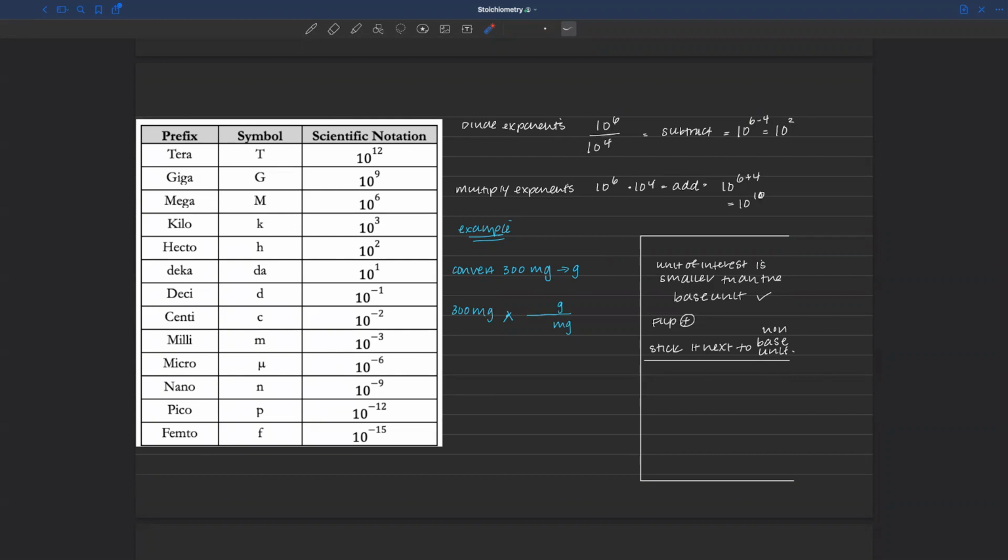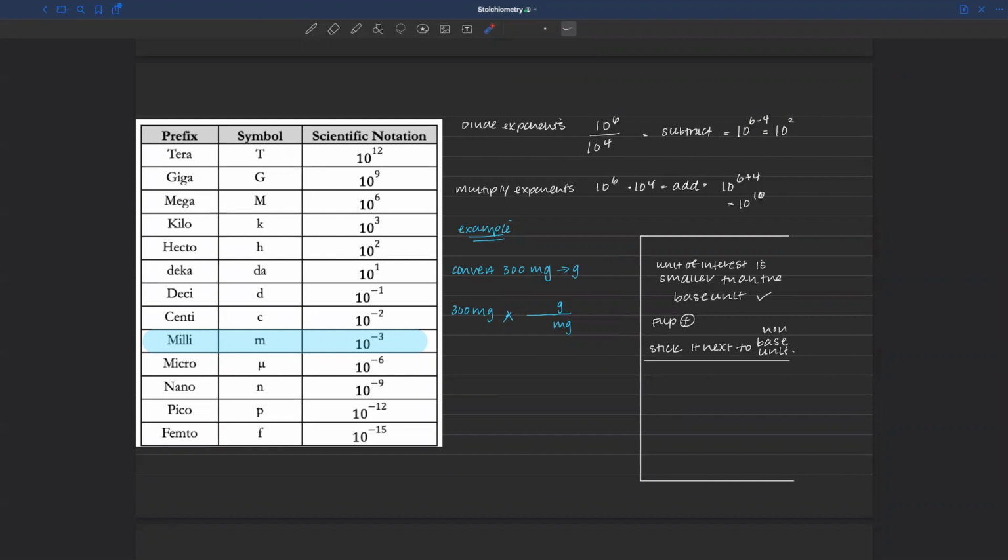Now I'm going to isolate milli on the table. Remember, you would have had to memorize this. So ask yourself, does this satisfy the rules that I'm pointing out right over here? And it does. Is milli a unit of interest that's smaller than the base unit? And it is, because it's 10 to the minus 3.